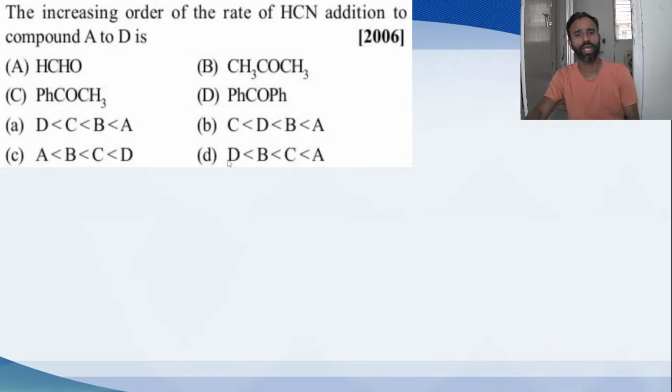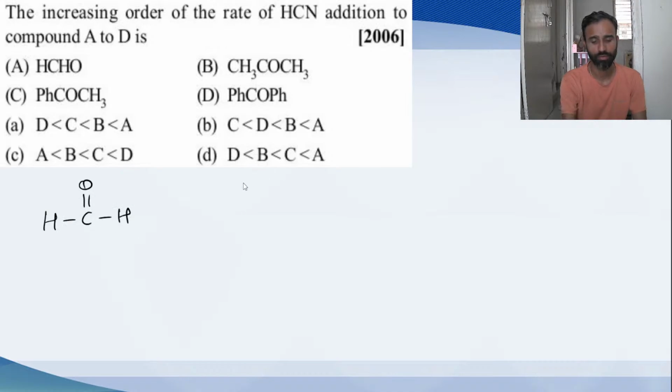Increasing order of the rate of HCN addition to the compound A to D is, yes, very good. That is the right option. Increasing order of the rate of HCN addition to compound A to D. The first one is formaldehyde.